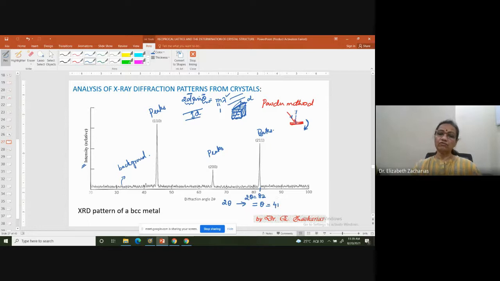So at theta equal to 41 degrees, I am seeing a peak. Similarly here, at theta equal to some 34, I am seeing a peak. Similarly, for different values of theta, you're going to see peaks. Okay? So this is called a diffraction pattern.